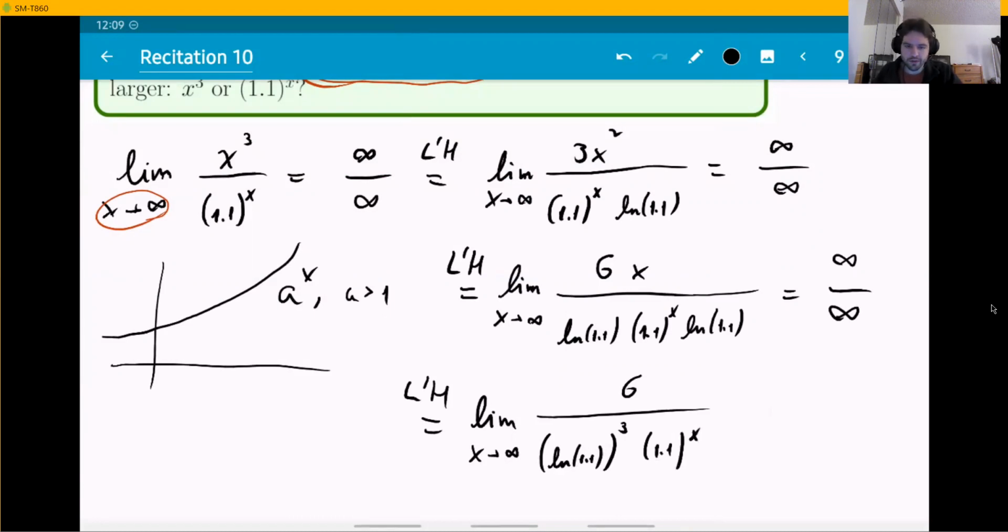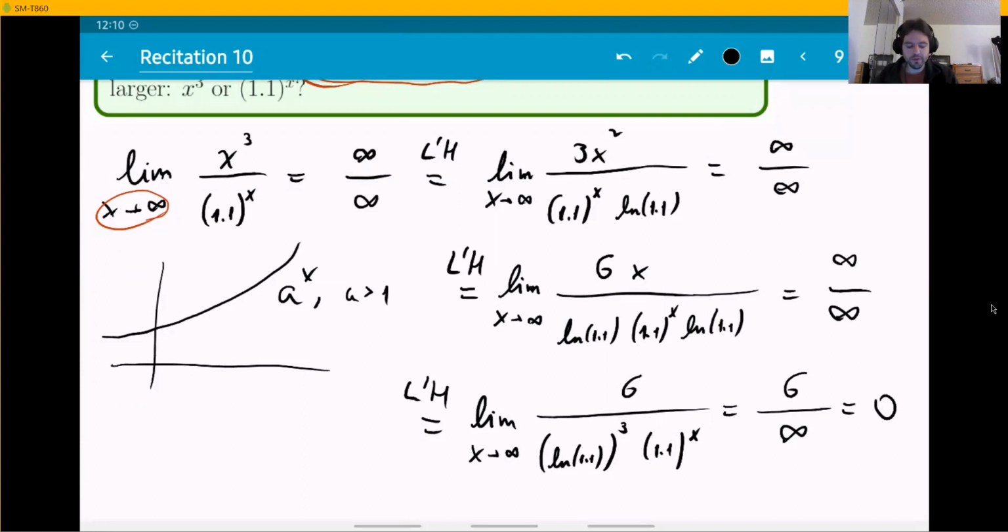I just took a derivative, that's all. Now we are in good shape here. This time 6 goes to 6, and the 1.1 to the x goes to infinity. This number in front of it is just some positive number, so it doesn't affect anything. But finally, 6 over infinity is 0. This is the answer to the limit.